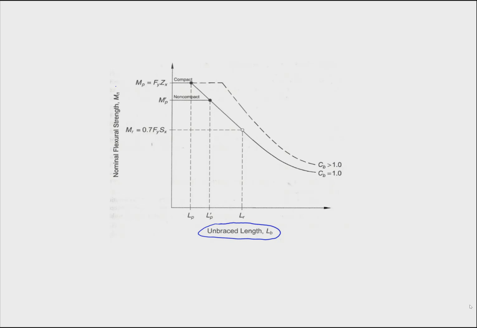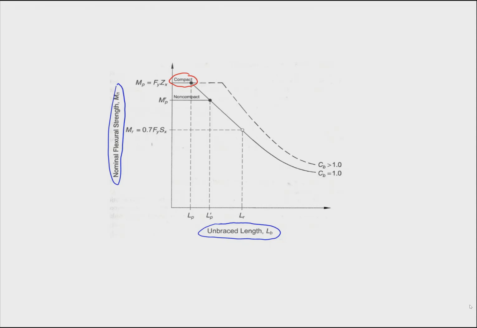And on the vertical axis, we have the nominal flexural strength. We notice that if the beam is continuously laterally supported, which means we can think of the unbraced length as being 0, and the section is compact, then the flexural strength of the beam is the yield stress times the plastic section modulus.